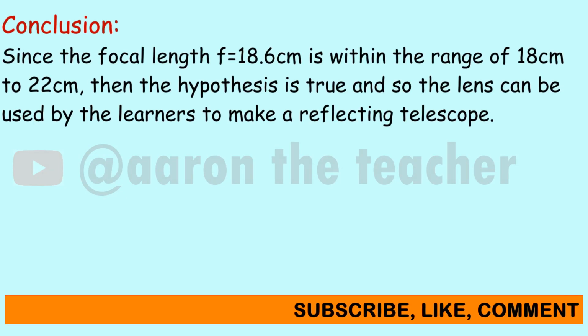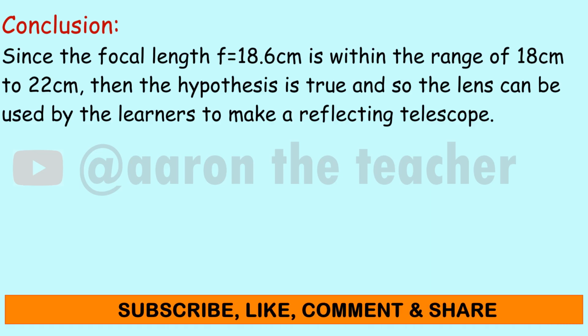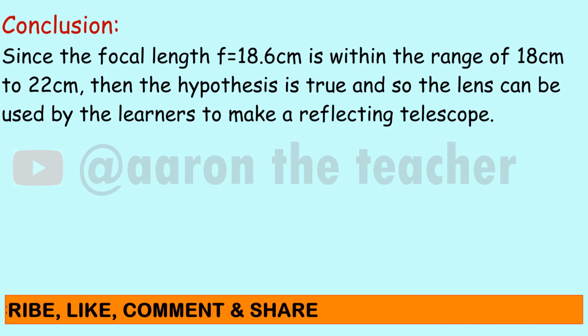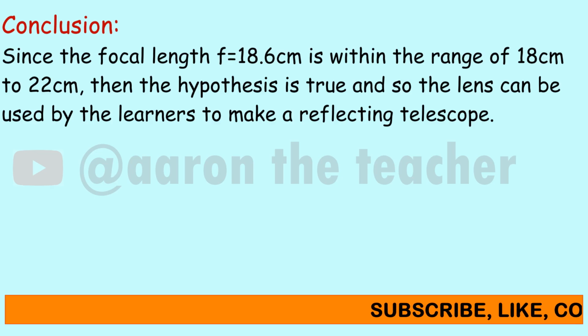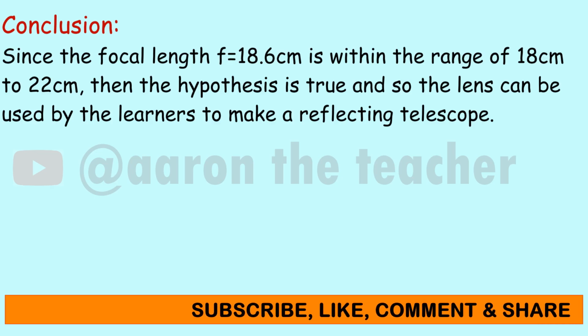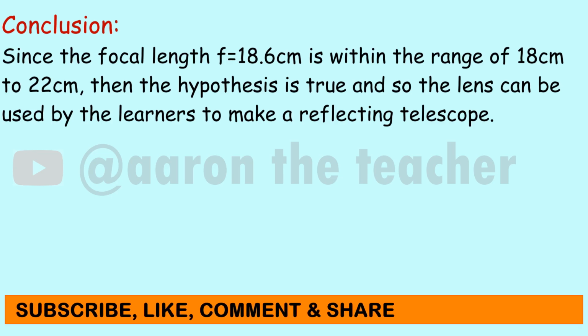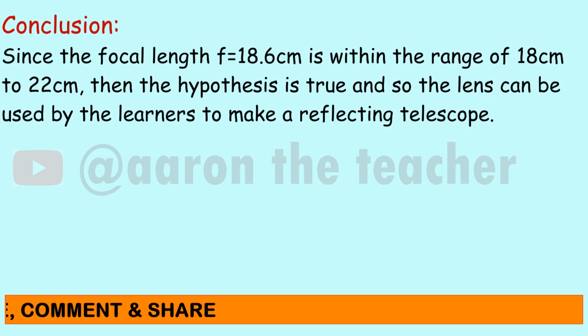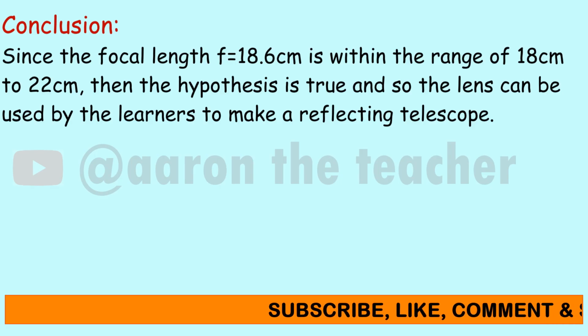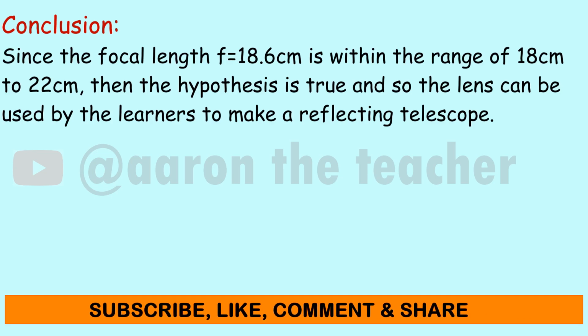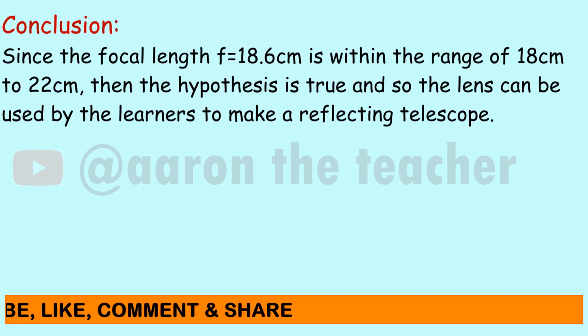Always remember to join the value you've got to the hypothesis and prove whether the hypothesis is true or not. And after proving whether it's true or not, you give an advice based on the scenario, which in this case is that the learners can now use the lens to make a reflecting telescope.